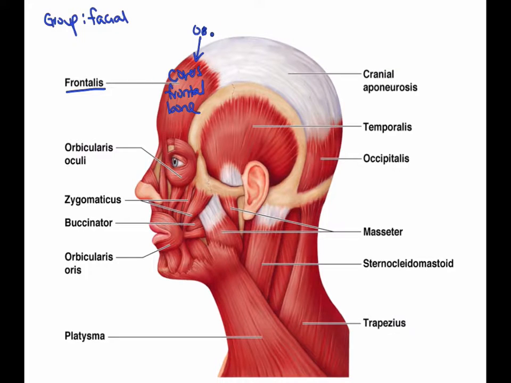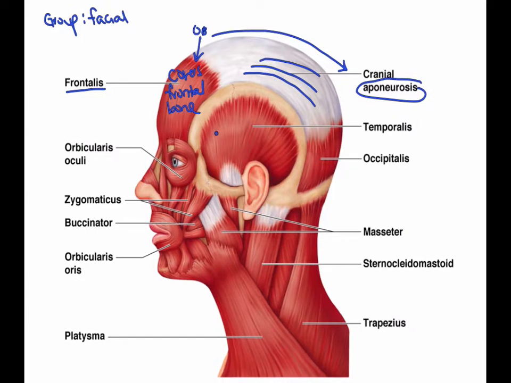So the origin of the frontalis is the cranial aponeuroses, and remember the aponeuroses are those sheet-like connective tissue that are different from tendons, so they're flattened and sheet-like.